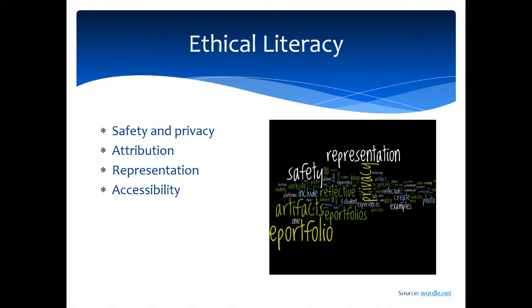It's important to consider your safety and privacy, and the safety and privacy of others as you create your ePortfolio. Attribution includes finding, using, and crediting media in an appropriate manner. Representation asks you to consider what the images and content in your ePortfolio communicate about yourself and others. And finally, accessible features ensure that all users can fully experience the content within your ePortfolio.